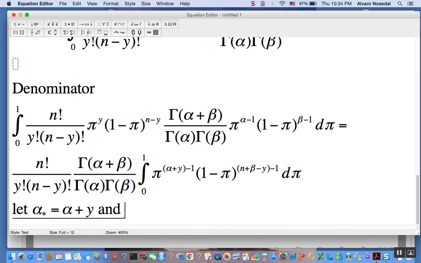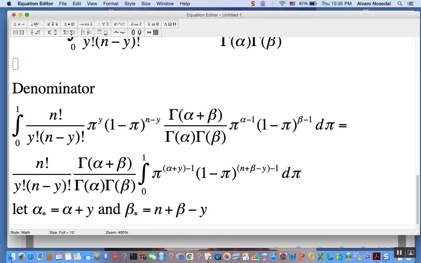And similarly, I'm going to be defining a beta star, and this guy will be n plus beta minus y. That's how I'm defining it.